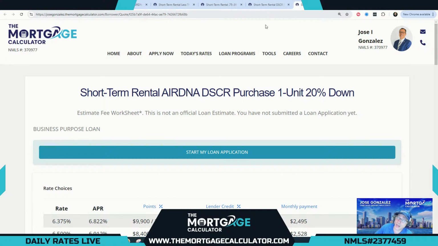And for those of you who may not be aware, AirDNA is a database that compiles short-term rental property comparables. So do be aware that the comparables, like any other comparables, have to be similar in gross living area, close proximity to the property, and preferably the same design and style.